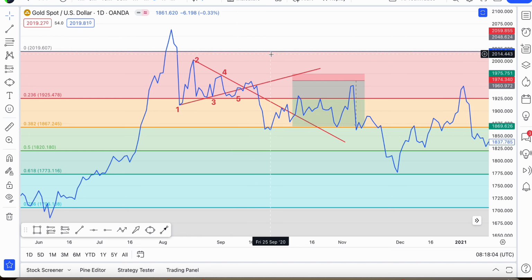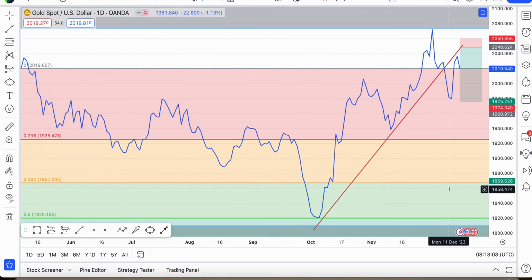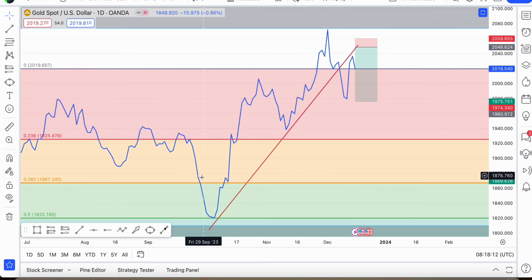I want to move to what is happening now, from last week till now, and see how this is still playing out, whether it still holds. Oh, super. You could see this is coming. I placed the Fibonacci levels since 2000, was it 2000?